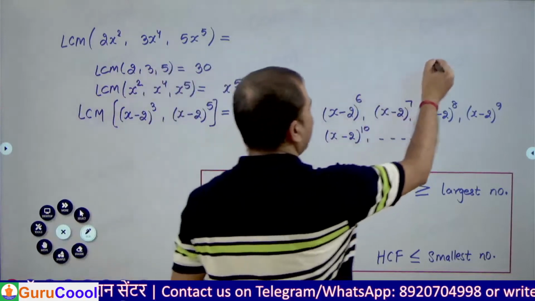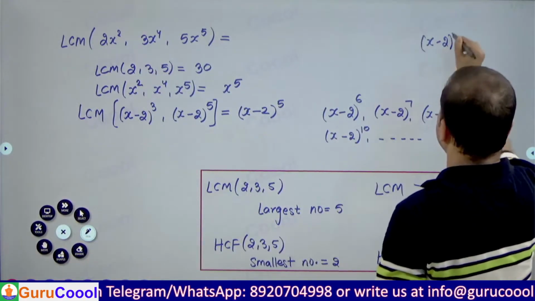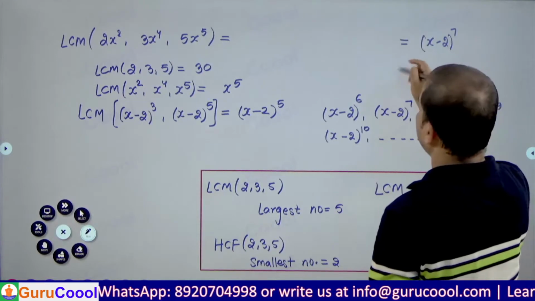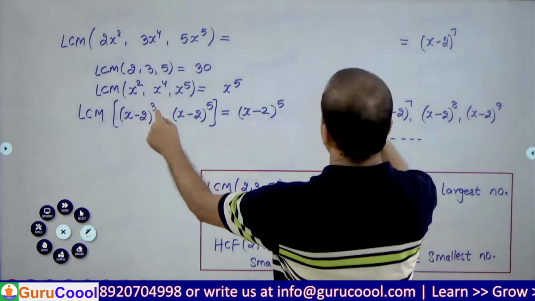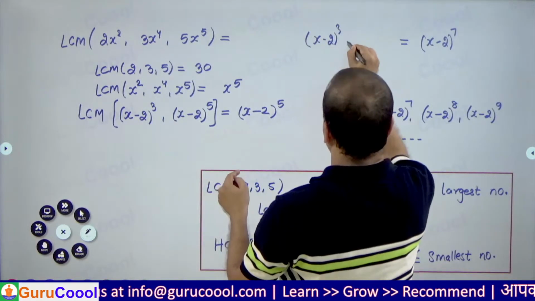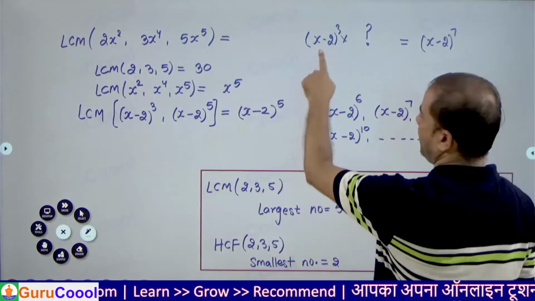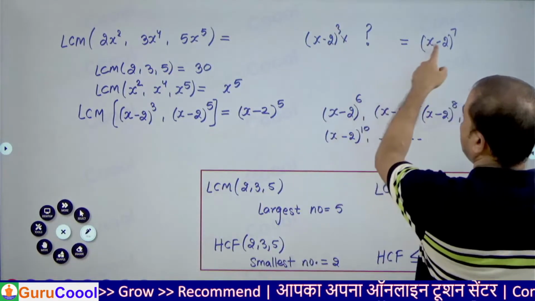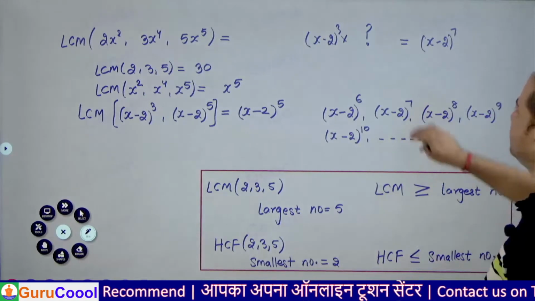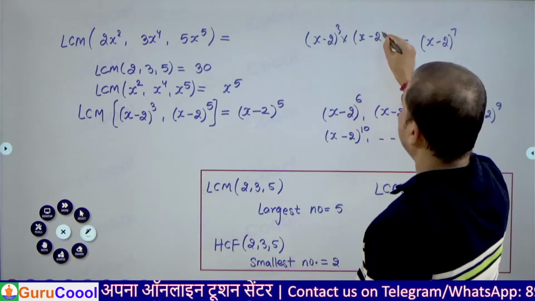Let us check. X minus 2 with power 7 is equal to what? X minus 2 power 3 times what? X minus 2 power 4.